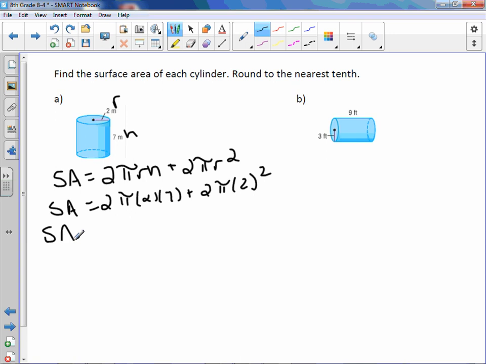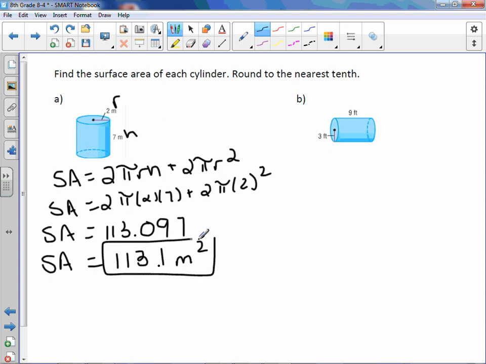You can plug this whole thing in your calculator from left to right, and you get 113.097, and to the nearest tenth, that's 113.1 meters squared. It's squared because it's area.